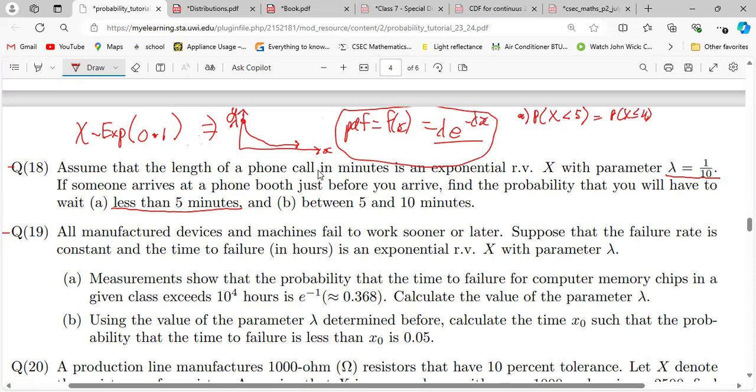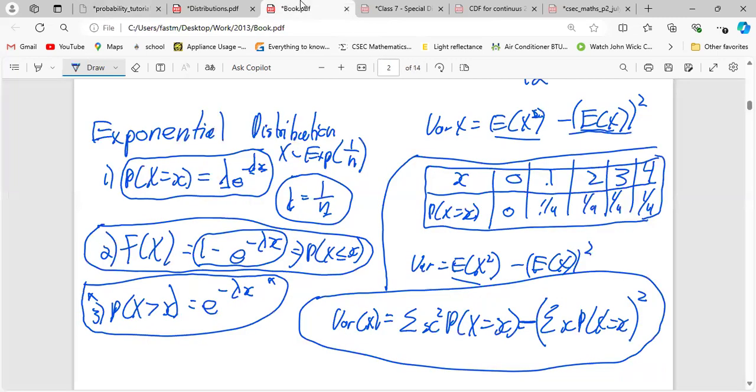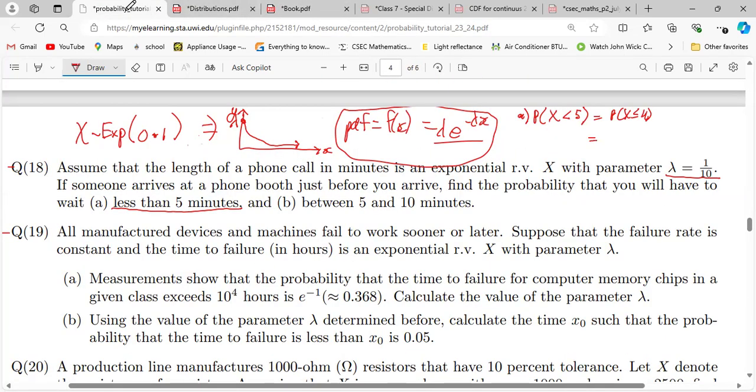So less than 5 starts at 4, so it could be less than or equal to 4. That is based off the CDF, and we know the equation for that is 1 minus e to the minus lambda x. So it'll be 1 minus e to the minus 0.1 times 4, which is 4. You plug that in a calculator, you get the answer. All right, that is all offered straight on.